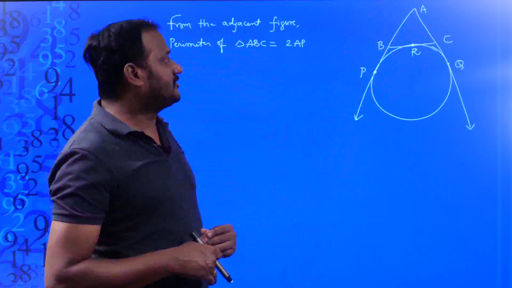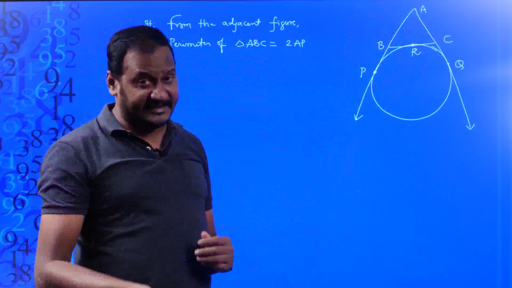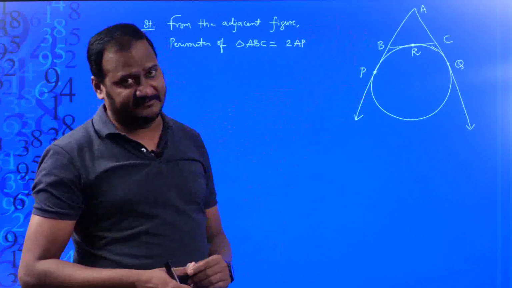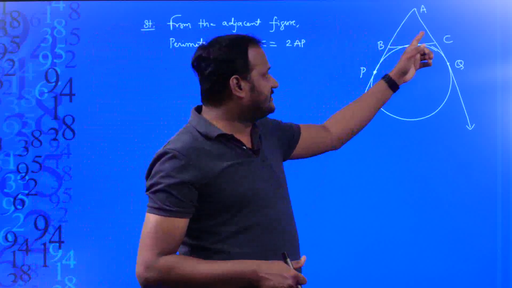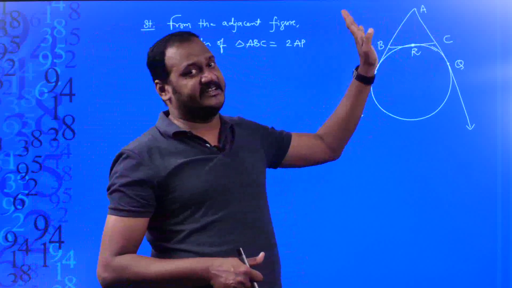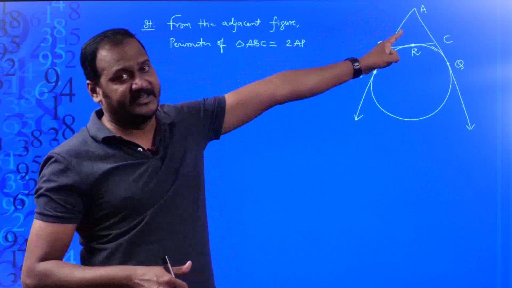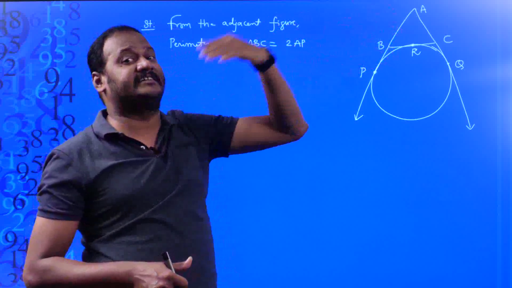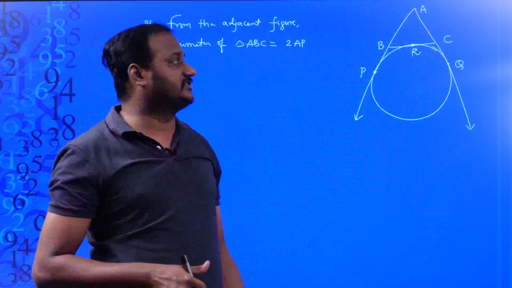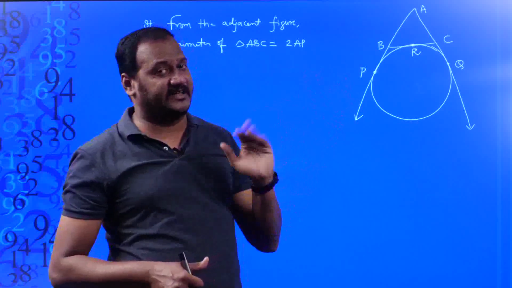Okay, before finding the perimeter, what else can you identify from this adjacent figure? See, if you observe, we can treat point B as well as point C, and of course the point A, as the points plotted exterior to the circle. So you know that the tangents drawn from an external point of a circle are equal.